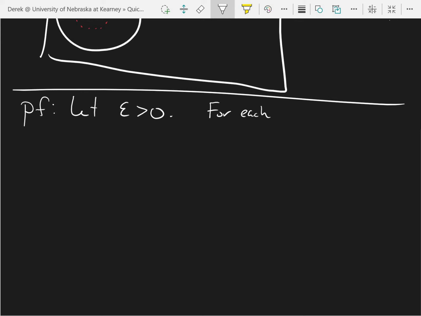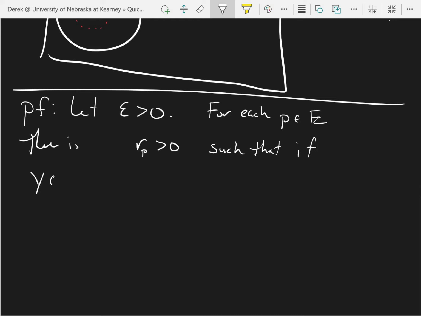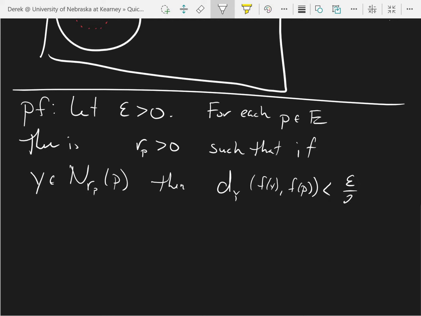For each P in E, there is R sub P bigger than 0 such that if Y is in the neighborhood of R sub P of P, then the distance in Y of f of Y and f of P is less than epsilon over 2.